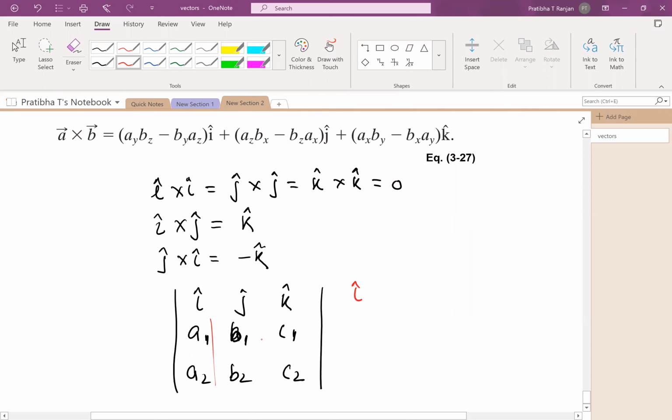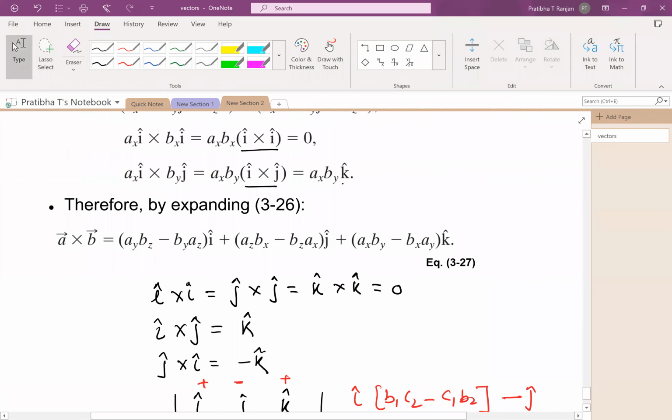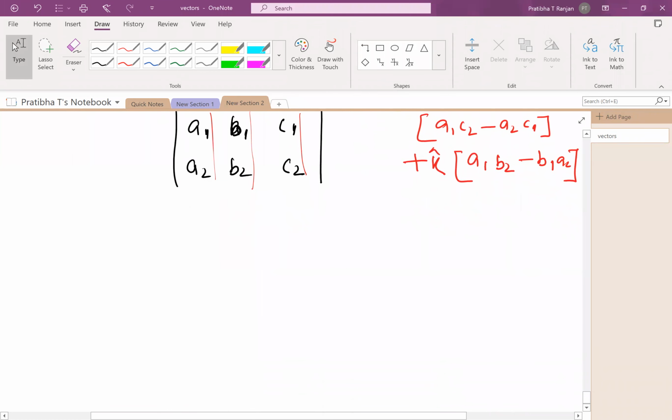So it will be B1 C2 minus C1 B2, then minus J, we have to leave this one, so it's A1 C2 minus C1 A2, and plus K, we leave this one, so it's A1 B2 minus B1 A2, right? So this is the cross product, but you need to keep in mind that I cross I is zero.